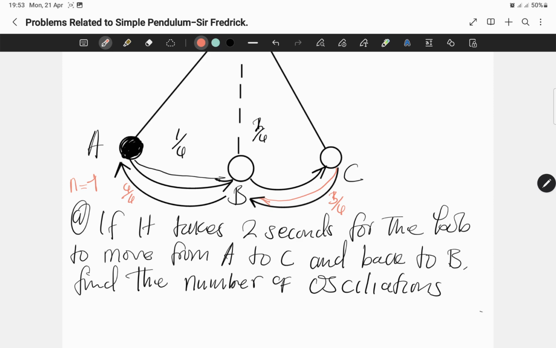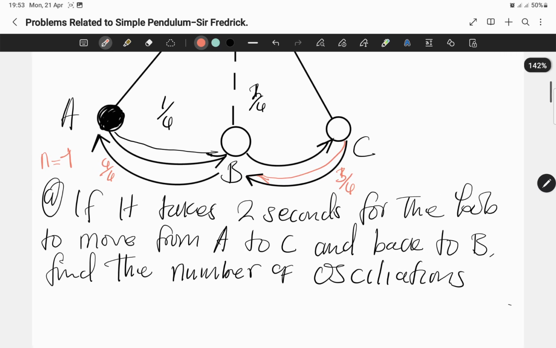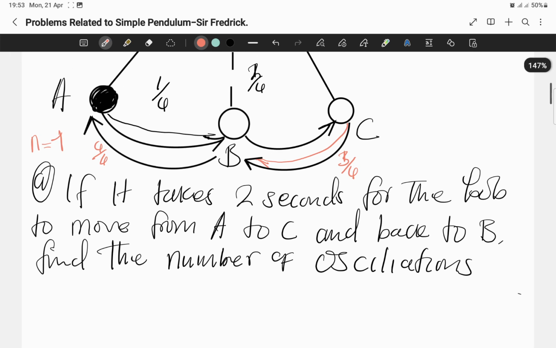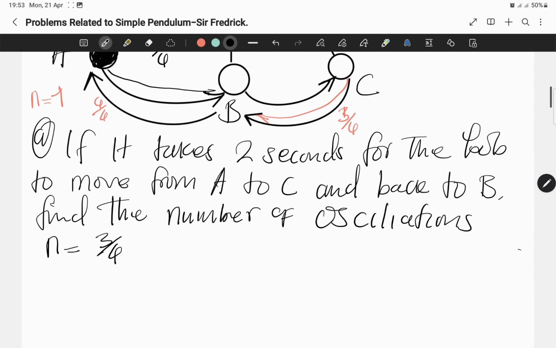Now, since the question in part A says it only moved from A to C and back to B, the number of oscillations is equal to 3 over 4. You don't need to leave this as a fraction, so you need to convert it into decimal points.